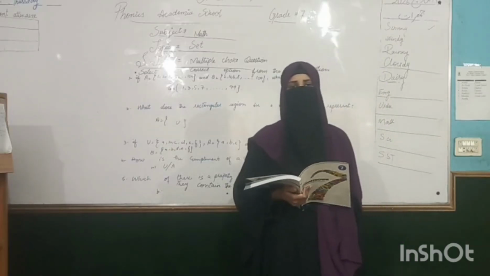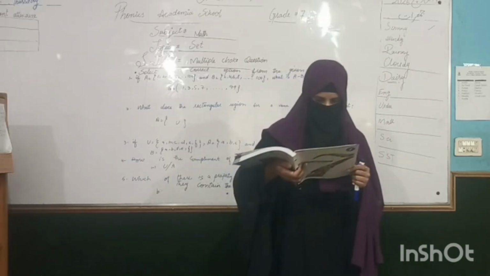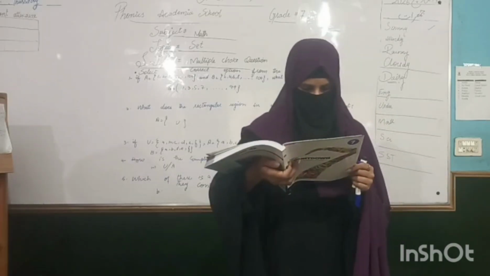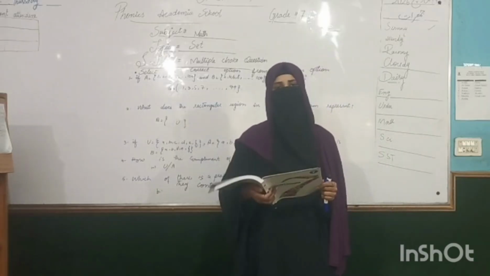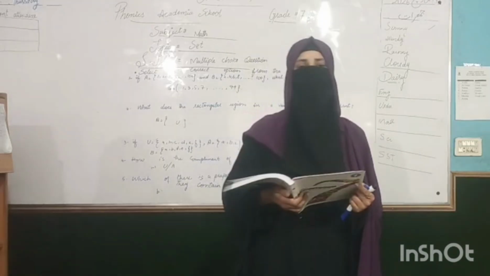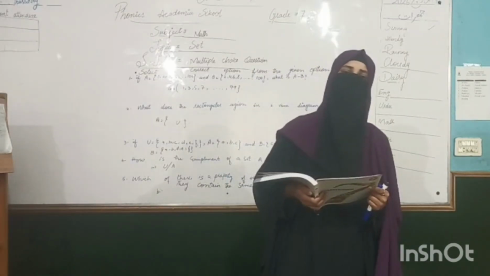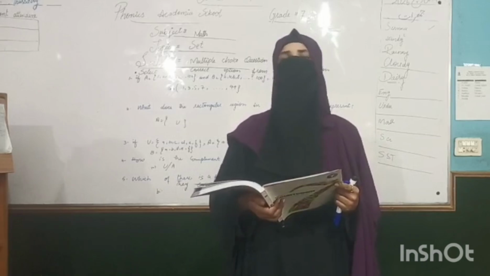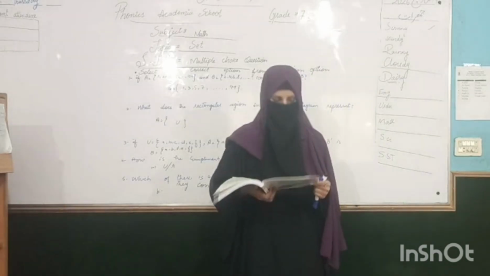It's called the rectangular region. The options are: A, U is equal to A union B; C, A intersection B; D, A minus B. The correct option is A, because U stands for the universal set and all the members of A union B should be present in U. So the correct option is U.